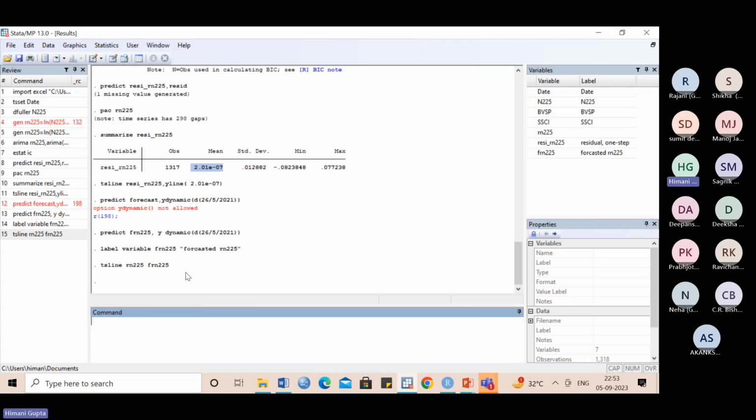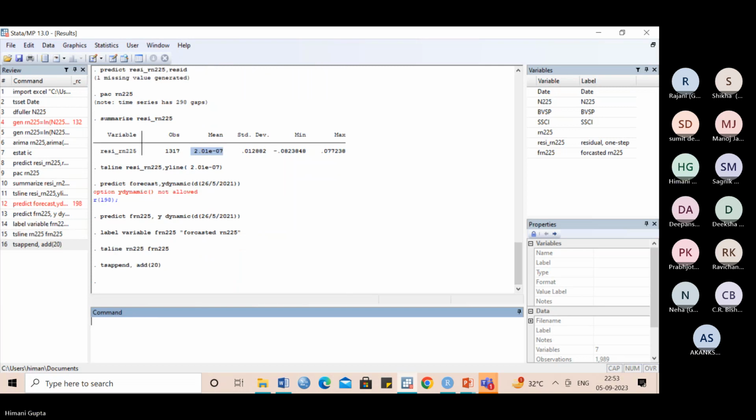For that, first of all, we have to create the values. So I'm giving the command append, add 20 values, 10 values, whatever values you want to calculate. After that, again, I have to write all these commands.